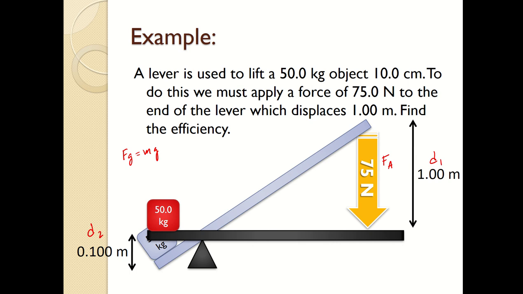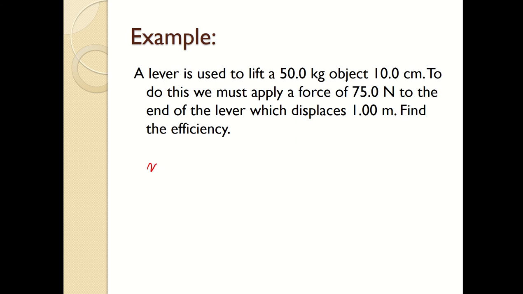So let's write it down. Let's write our efficiency equation as the work out over the work in times 100%. So again, our work out is going to be lifting the object, right? So that's going to be our force of gravity times distance 2.